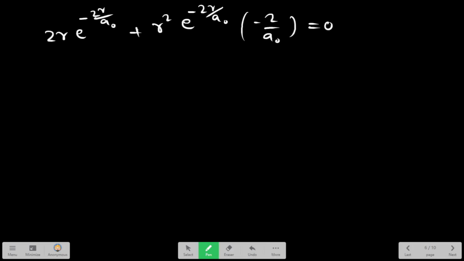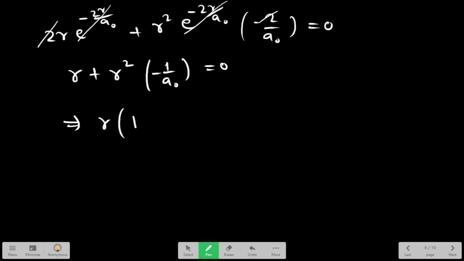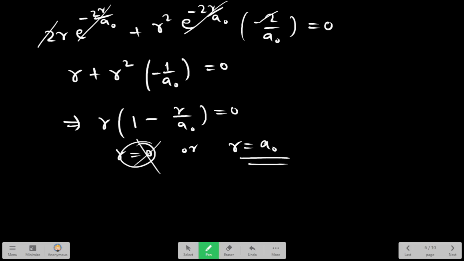Now if you divide the whole equation by 2 e raised to minus 2R by a naught, then you will get R plus R square times minus 1 by a naught equal to 0, which implies R times 1 minus R by a naught is equal to 0. R equal to 0 or R equal to a naught. R equal to 0 is not acceptable. Therefore R most probable is equal to a naught.